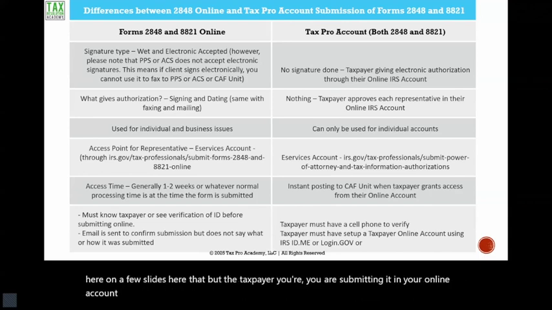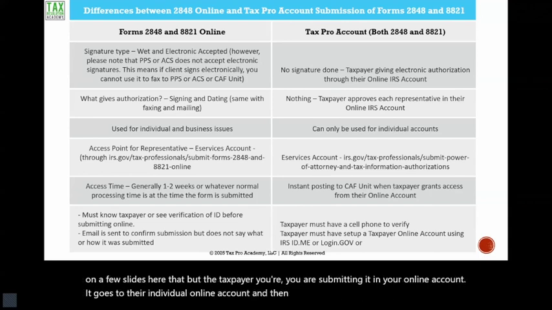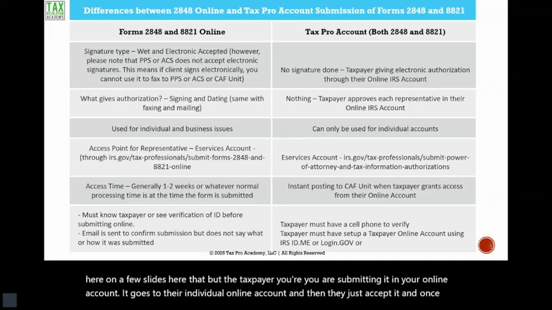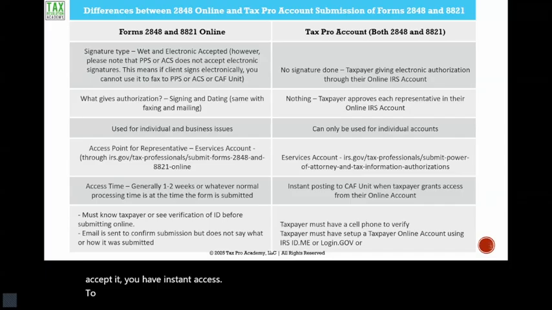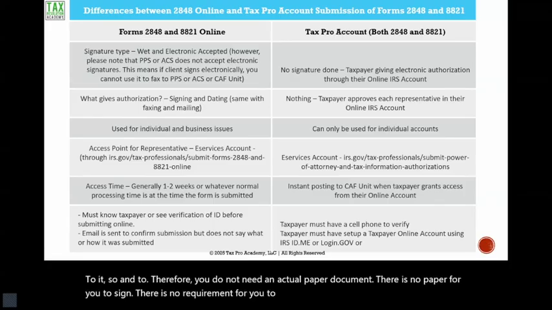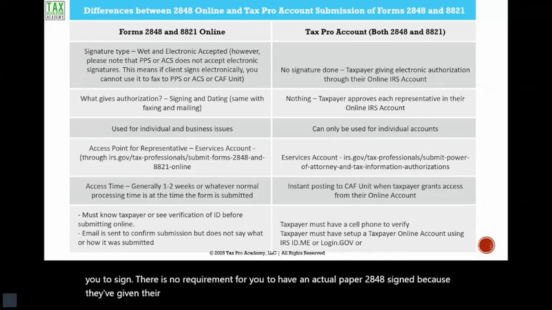It goes to their individual online account and then they just accept it. And once they accept it, you have instant access to it. So you do not need an actual paper document. There is no paper for you to sign. There is no requirement for you to have an actual paper 2848 signed because they've given their authority electronically.